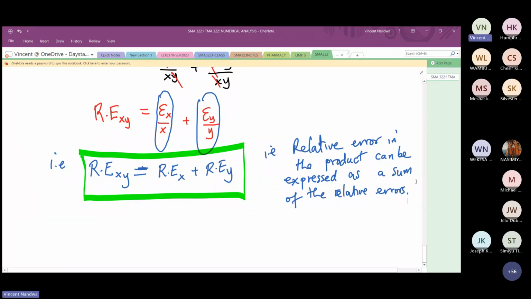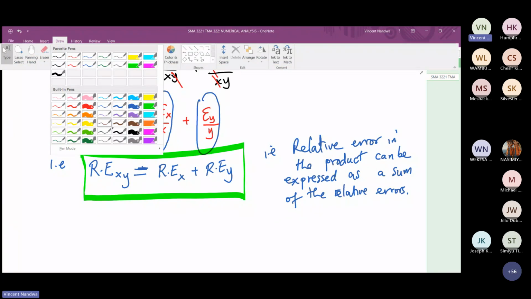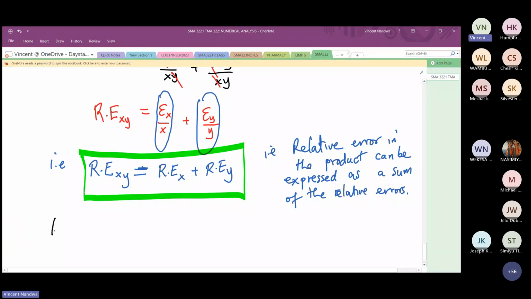So the last operation, we call it division, and then we stop. So division.